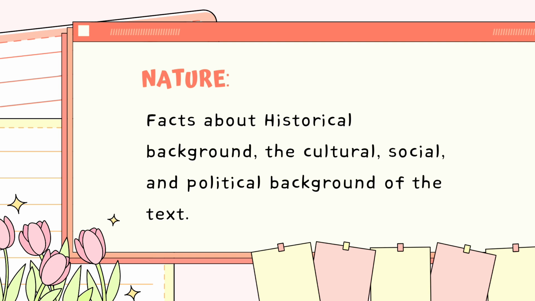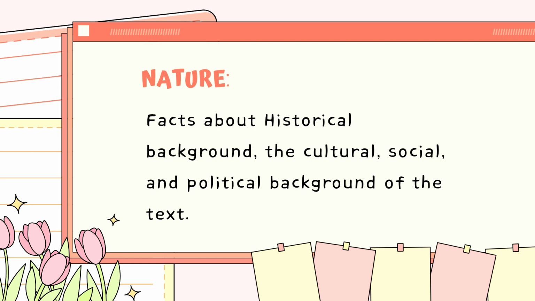Second, the cultural background. What were the prevailing cultural norms, beliefs, and values of the time? And how do these influence the characters, their actions, and the overall message of the text? Next, social background. What were the social structures and hierarchies in place?